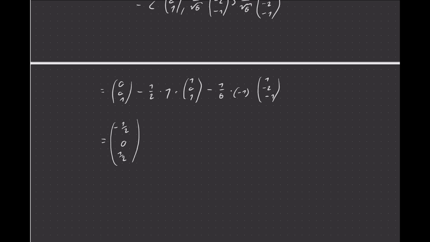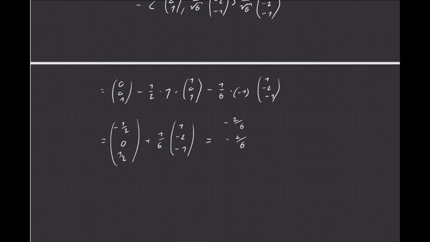And then the second one, that's plus 1 over 6 times (1, -2, -1). So the end result, let's see, minus 3 over 6 plus 1 over 6, that's minus 2 over 6. Here we have 0 minus 2 over 6, that's of course minus 2 over 6.